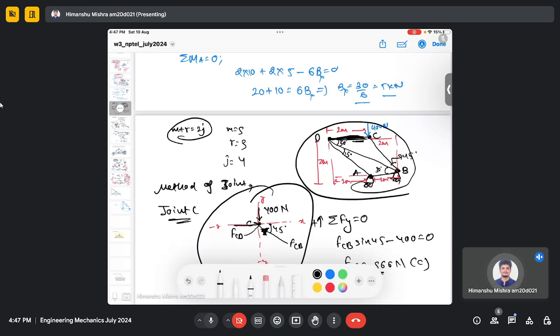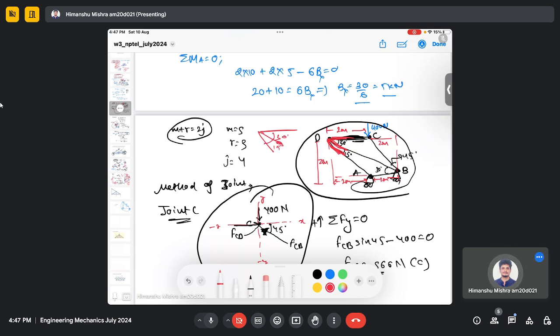You can change the coordinate system when you have members with some inclination from the horizontal as well as vertical. These two have different angles from the horizontal: 15 degrees from the BD member, and 30 degrees from this horizontal member.